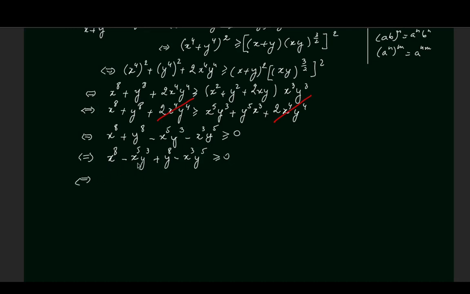And here we can factor the x to the 5th, so x to the 5th times (x cubed minus y cubed), plus y to the 5th times (y cubed minus x cubed).